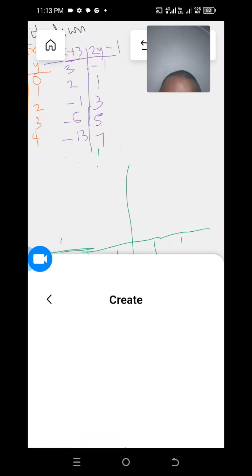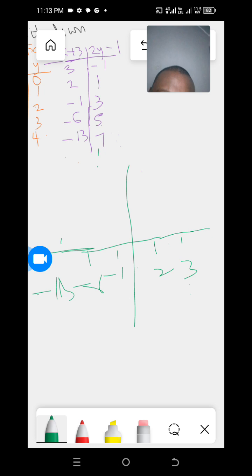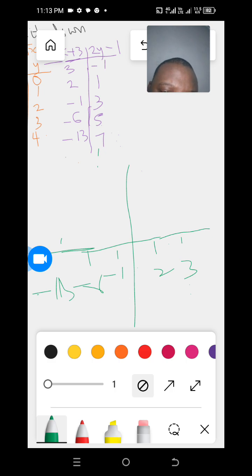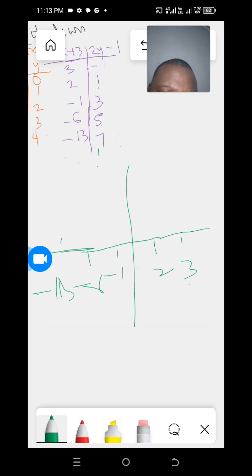We have negative 1 here on 3. I just want to picturize it. So when x is 2, we have 1. Let's say we have 1 here.